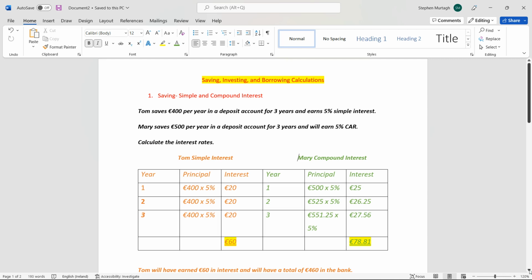So when you're doing your workings, it's the €400 by 5% equals 20, which means per year Tom will always get €20 in interest because, as I said, it's always taken on whatever year one's is. So €400 by 5% is your principal calculation, and the interest works out at €20. So it'll be the same for year two, and it'll be the same for year three. So Tom will know how much he's going to earn per year, which will be €20.